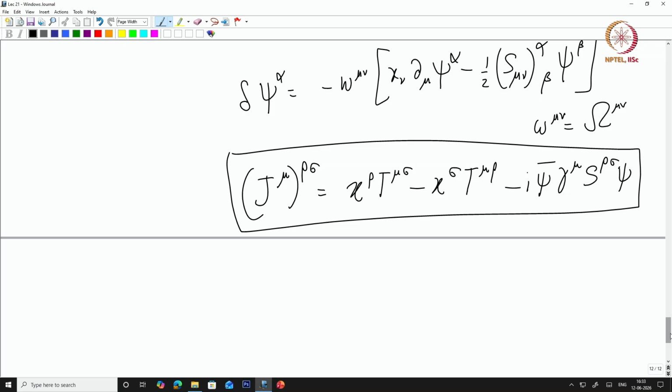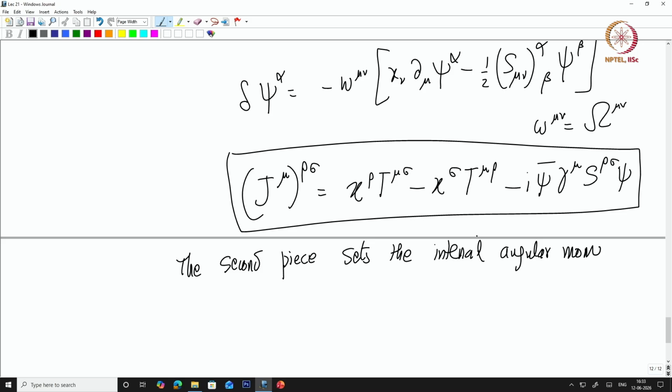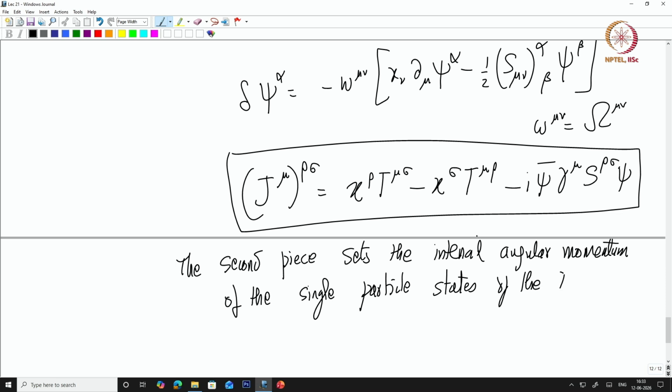This piece, after quantization of the current, essentially after the quantization of the Dirac spinor, is the internal angular momenta, and sets the internal angular momenta of the single particle states of the Dirac spinor.